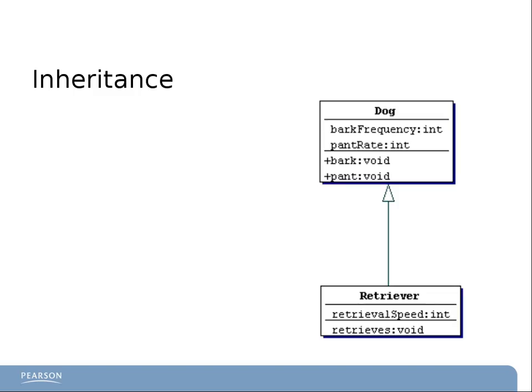Inheritance. Now UML is going to start getting, well, this part's not too frustrating. So what comes next? What do you think the inheritance tree is here? Dog is the parent. Retriever is the child.